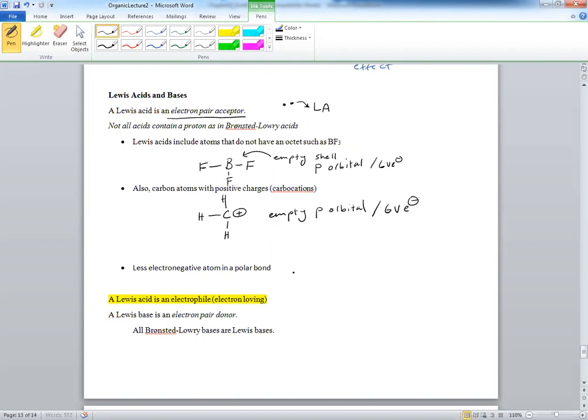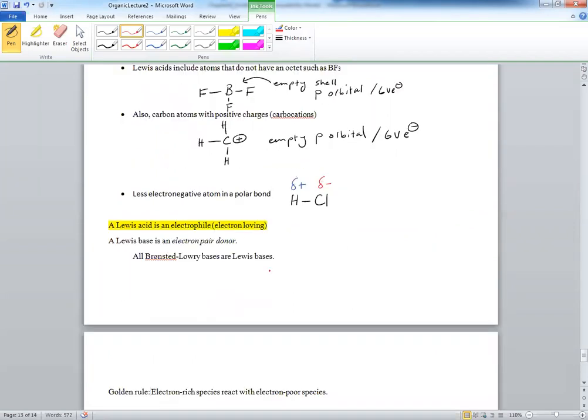And of course, we're going to see this a little bit later, but here you have a less electronegative atom bound in a polar bond. So if you have, for example, something like HCl, where H is delta positive and Cl is delta negative, it can accept a pair if you break this bond.